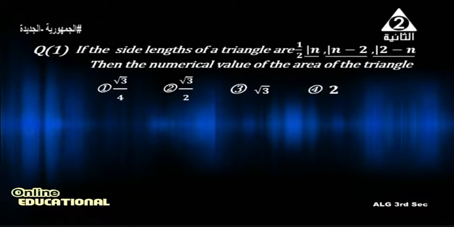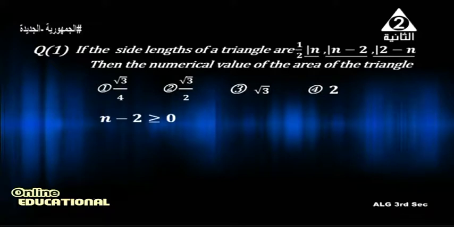Factorial 2 equals what? 2. 1 over 2 times 2 is 1. Factorial n minus 2 equals factorial 0, and factorial 0 equals 1. Also factorial 2 minus n equals factorial 0 equals 1.